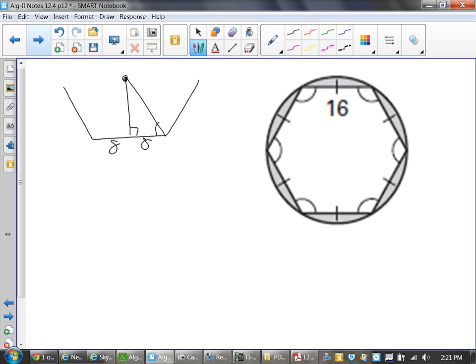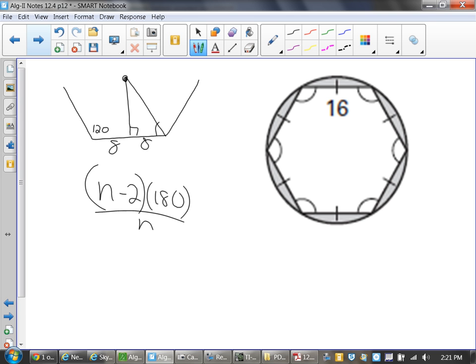It's a weird formula, okay? N minus 2 times 180 over n. That will give you each one of those individual angles. When we do that, you're going to get 120 for that whole angle.